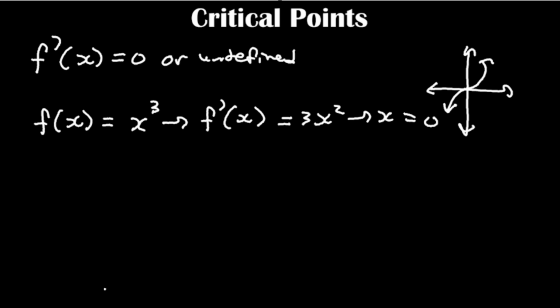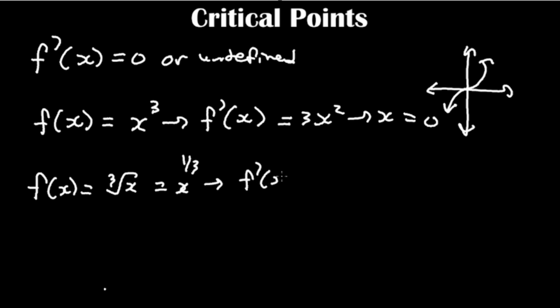But an example where it's undefined would be if you have f of x equals the cube root of x. That's the same thing as x to the 1/3 power. And if you differentiate that using the power rule, you get 1/3 x to the negative 2/3, which is the same thing as 1 over 3x to the 2/3.